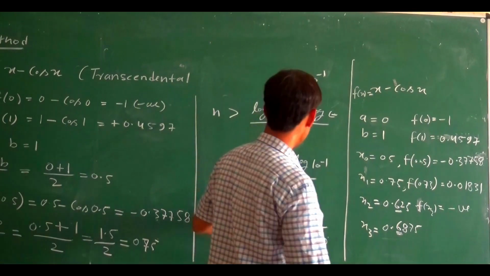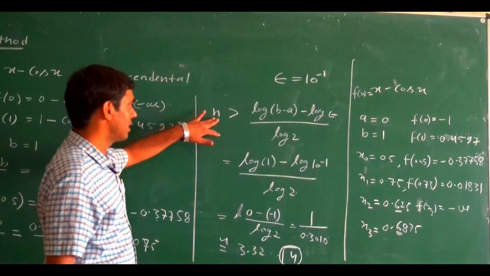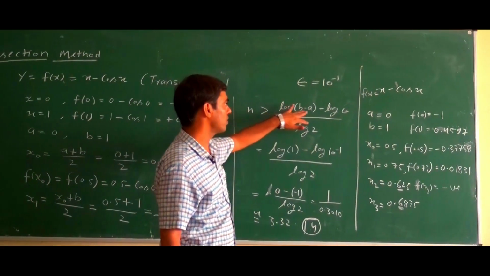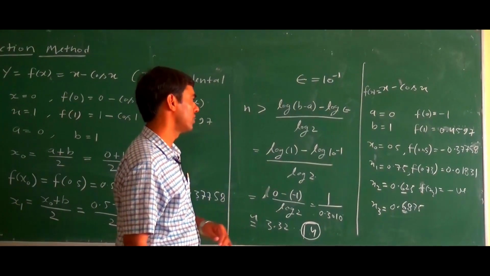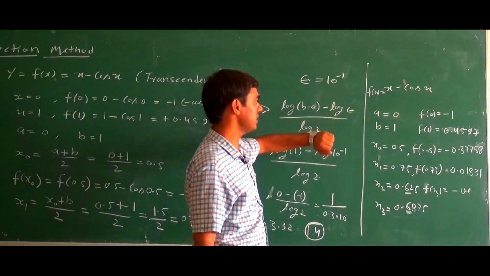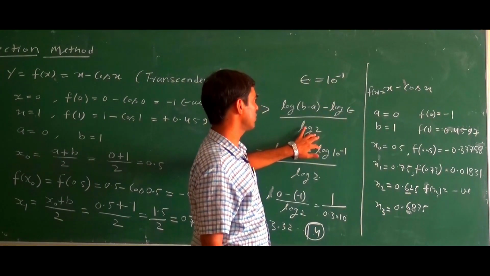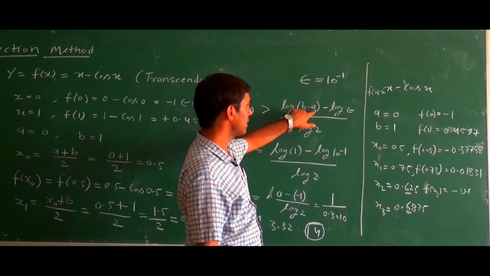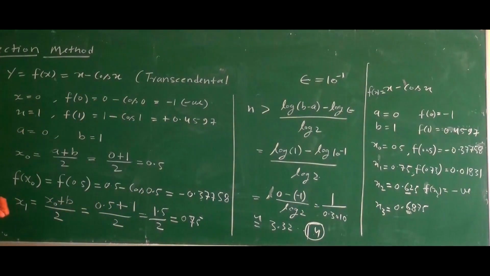One more thing: if we see this formula, n is greater than (log(b minus a) minus log EPS) divided by log 2. If EPS is fixed, for example for 4 or 5 decimal places, and log 2 is a constant value, then the number of iterations depends on the difference of a and b.